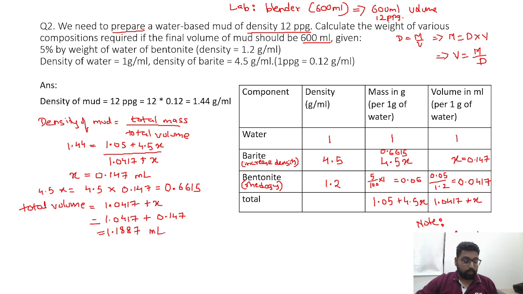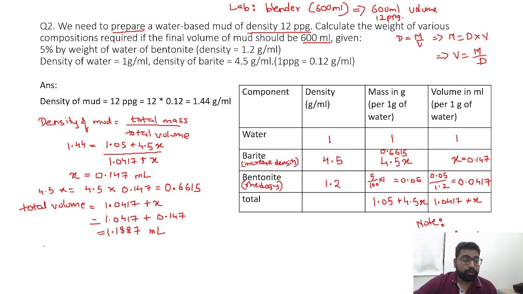This is because you assumed the mass of water as 1 gram. So for 1 gram of water, you are getting values like this. Now what our requirement is, we need 600 ml of mud, but based on these calculations, we are getting 1.1887 ml.